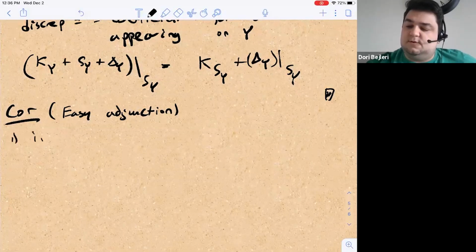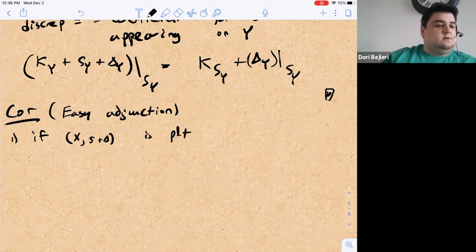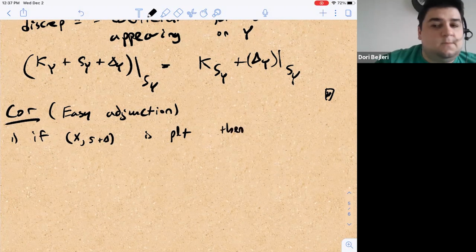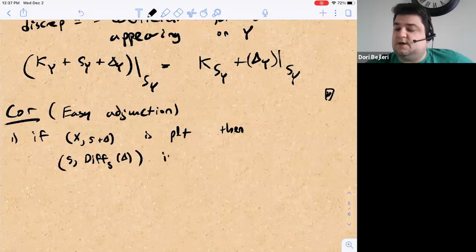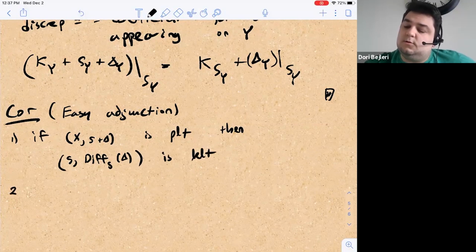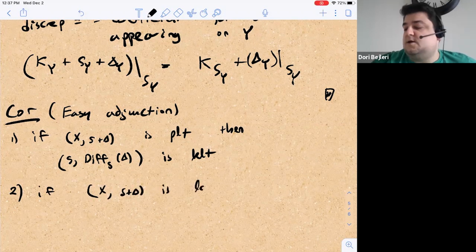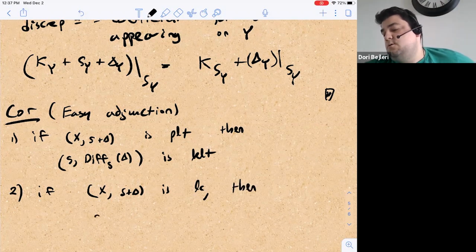So in the same situation, if S plus delta is PLT, then one, S comma the different is KLT, and two, if X comma S plus delta is log canonical, then S comma the different is log canonical.